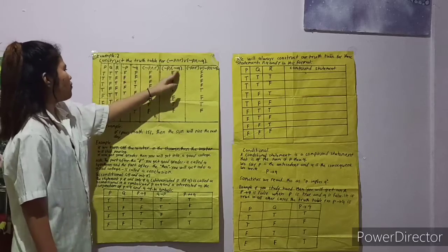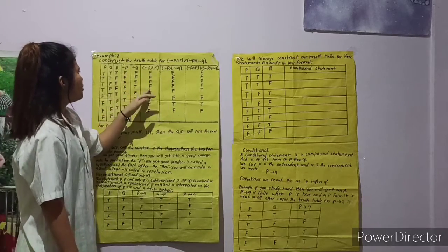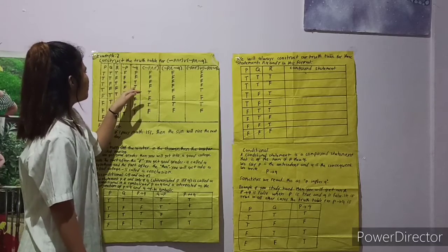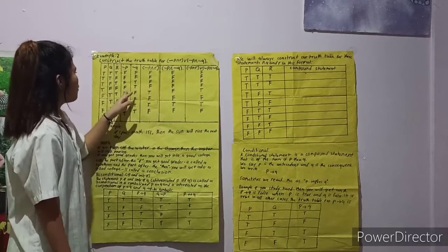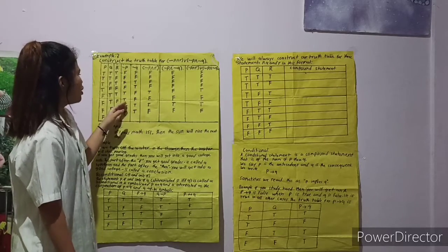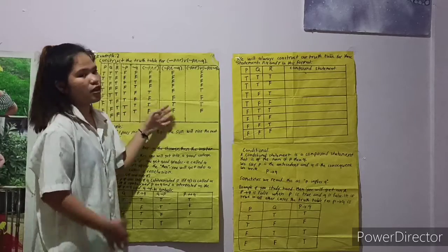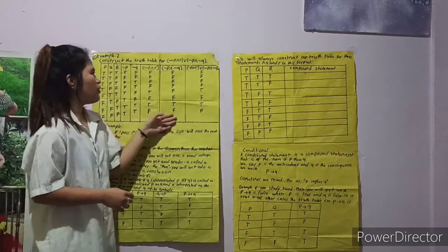False and false become false. False and false become false. False and true become false. False and true become false. And true and false become false. True and true become true. True and true become true.